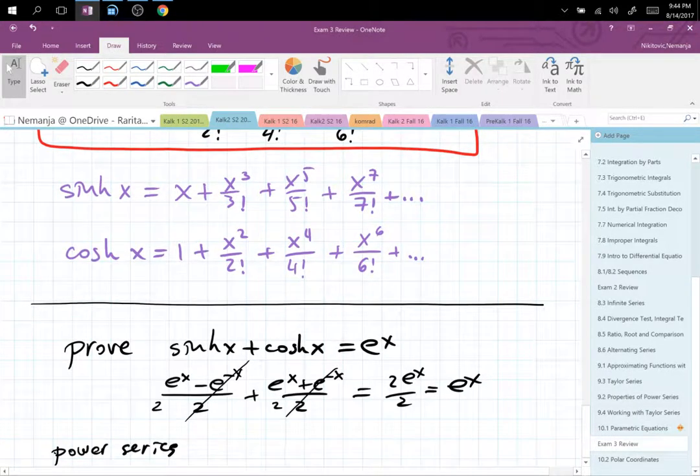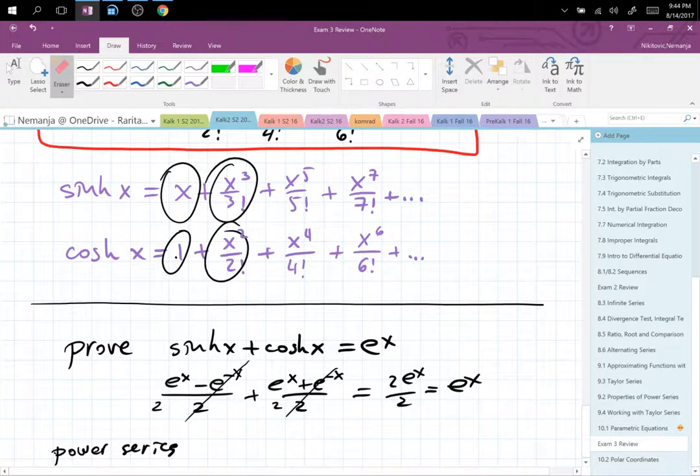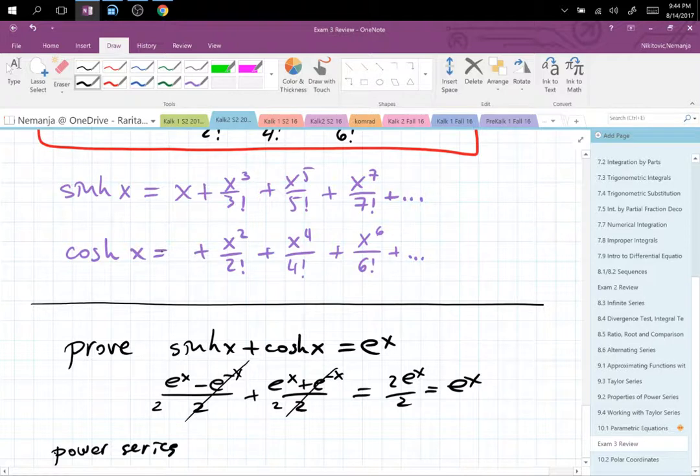Observe that these guys only have pluses, right? When you add them together, 1, x, x squared, x cubed, they're all there. So you can do this now in 2 ways.